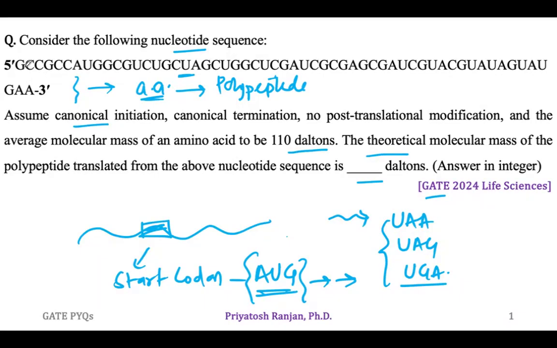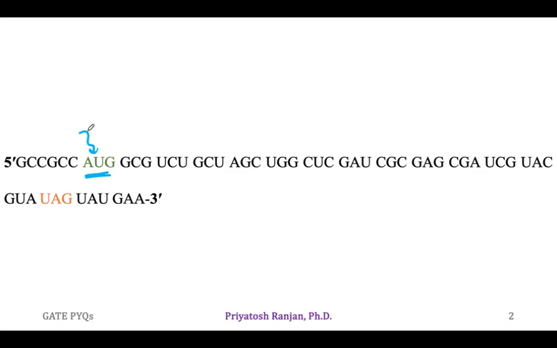So you can go through this sequence, and what you will figure out is there is a presence of AUG from where the process of translation will start, and then you need to move in sets of three nucleotides until you encounter a stop codon. You can quickly go through this sequence, and there is a start codon, and then you need to move in a particular reading frame, and each set of three nucleotides will code for a specific amino acid.